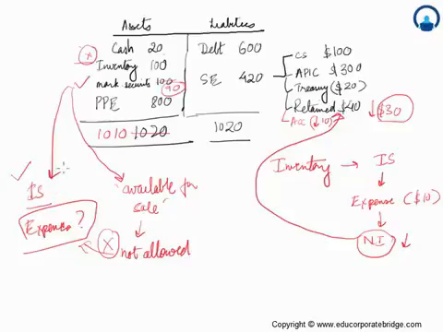So if these are not allowed, on one side you will have assets which have been lowered, and on the right hand side the liabilities should also lower by a similar amount. So there is an account that is created for this. We call this accumulated other comprehensive income, and we do a direct adjustment here so that the assets are now equal to the liabilities. So this is the whole concept of accumulated other comprehensive income.